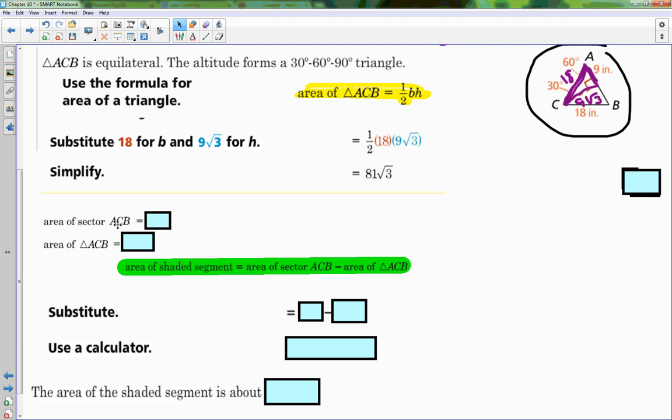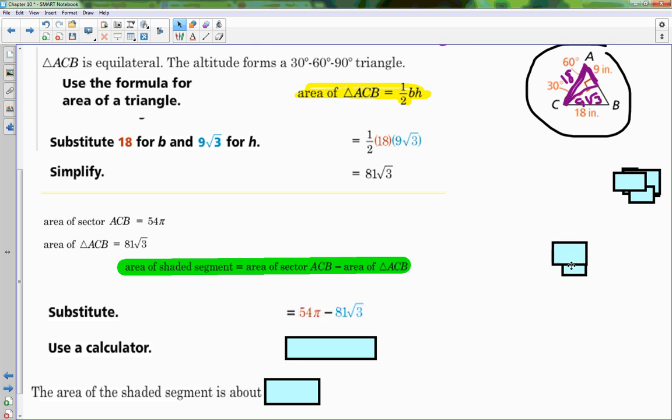All right, so let's bring this all together. The area of the sector we found was 54 pi. The area of the triangle was 81 root 3. We are going to subtract those two items. We're going to use our calculator.